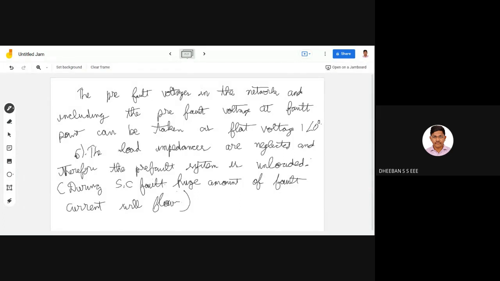If you neglect your load impedance, then as per these conditions your load will be in the unloaded condition.